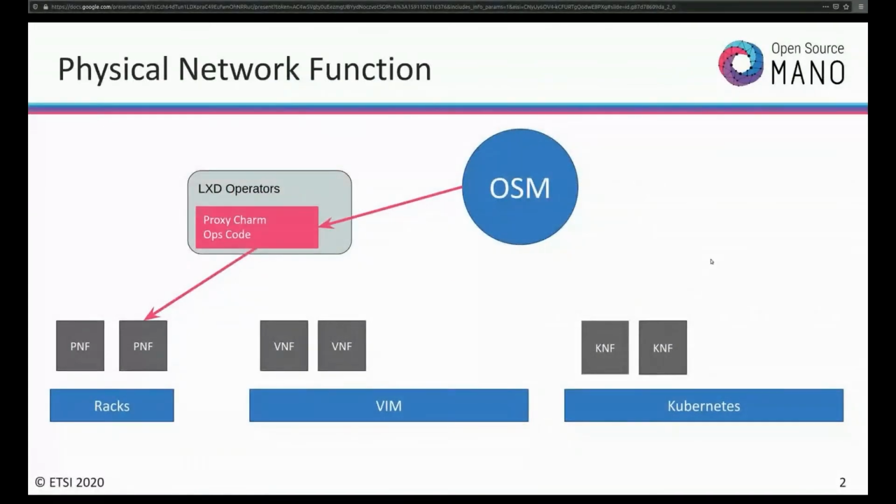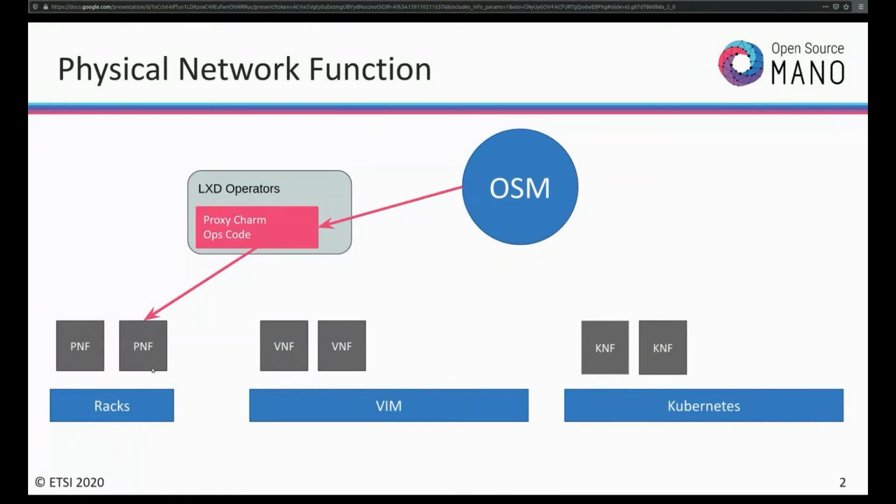In this picture, I'm showing the image that I showed this morning in another session, and I just want to point out and remember some concepts. In this case, we are working with PNF, right?